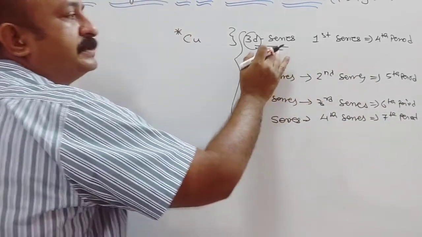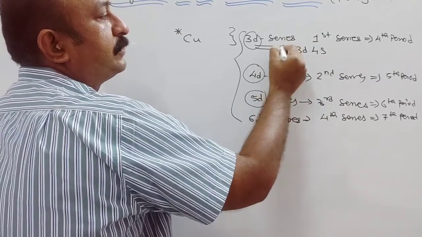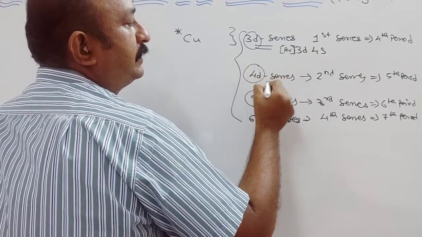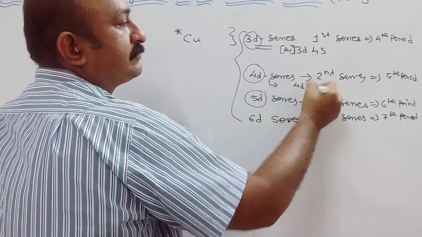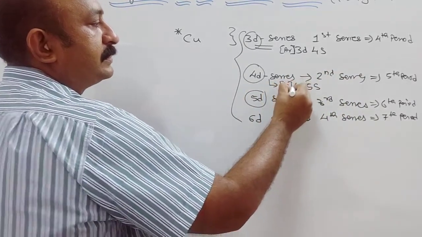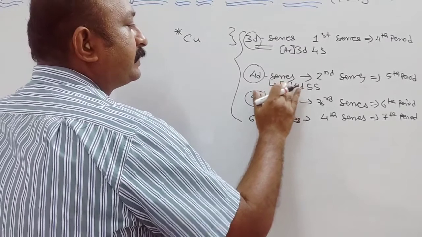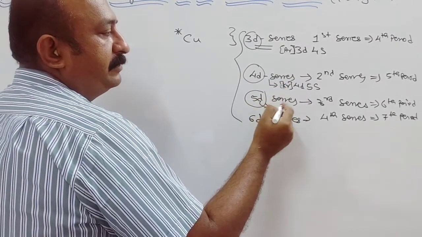Clear? Now what I also said, 3d means 3d 4s. Clear? That is the configuration we are talking about, where argon is there. Then we talk about 4d 5s. Fifth period means 5s will come, and in that krypton is there. Understood? Then this series, 5d, means what?